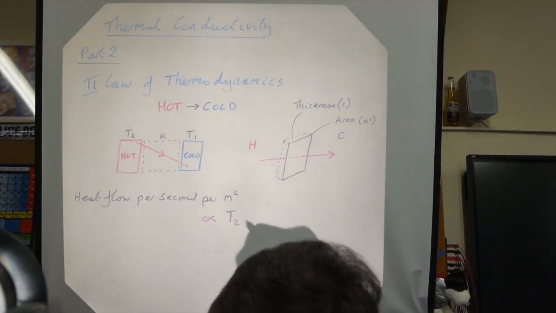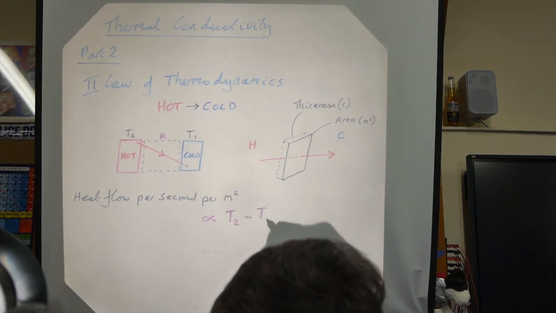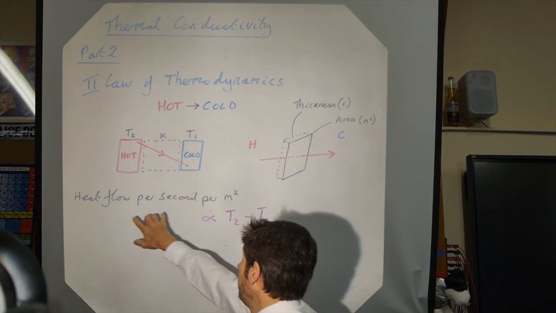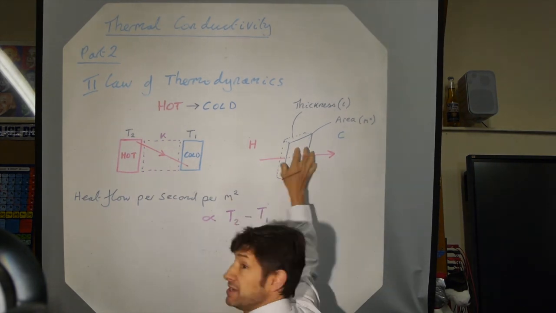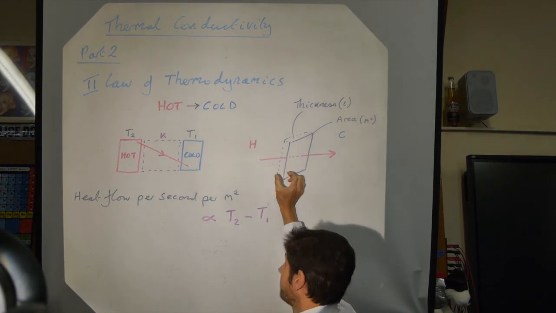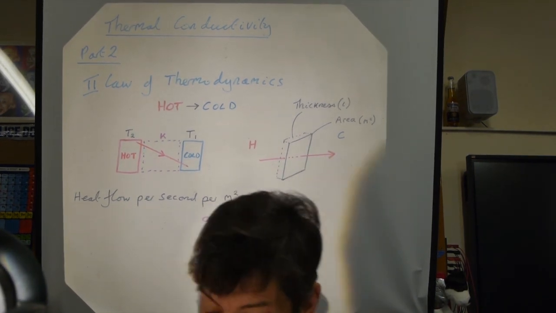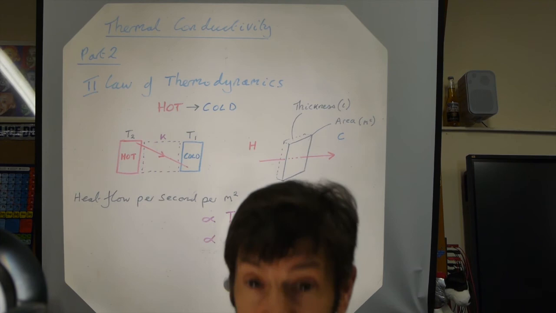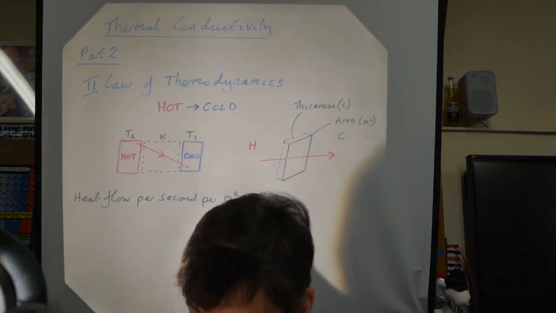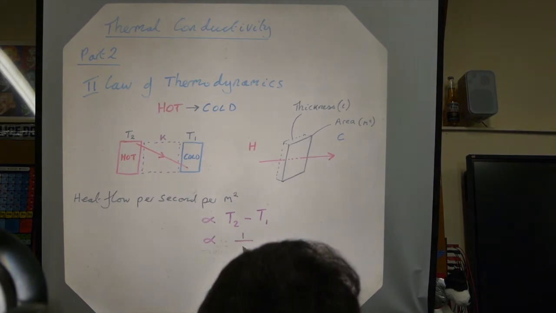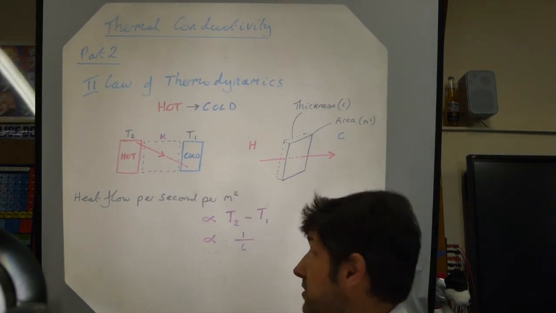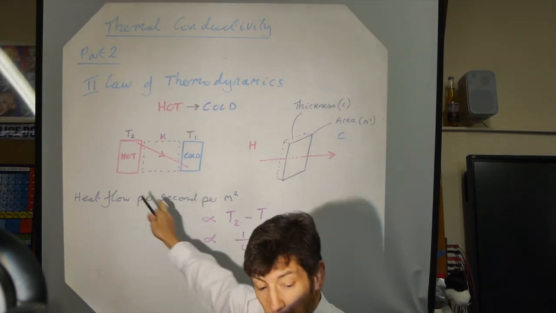So T2 minus T1. But remember that the heat flow per second through this metre squared will be less if it's thicker. So it's not going to be proportional to how thick it was, L if you remember, it's going to be inversely proportional, 1 over L. So we've got the two things there that this depends upon.